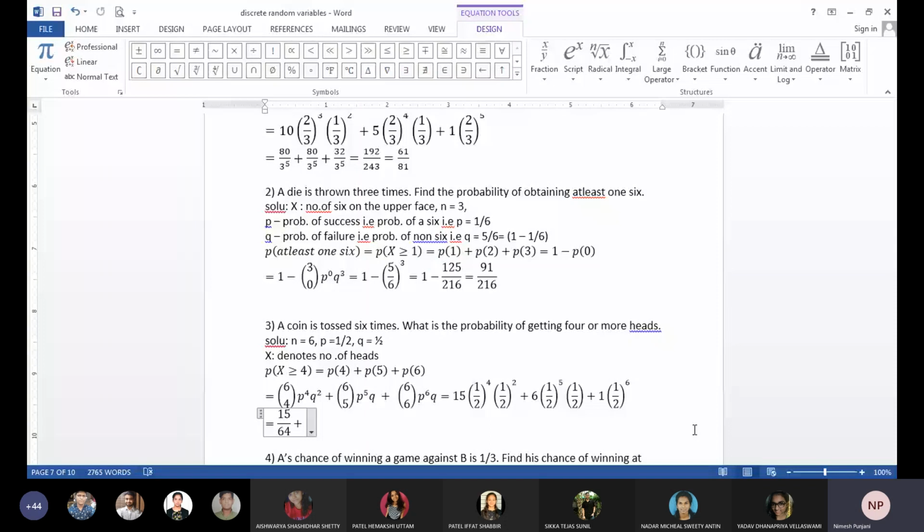It is 15 upon 64, 6 upon 64, 1 upon 64. Okay. So it will be 15 plus 6 plus 1, 22 upon 64. 11 upon 32. Okay. 11 upon 32.